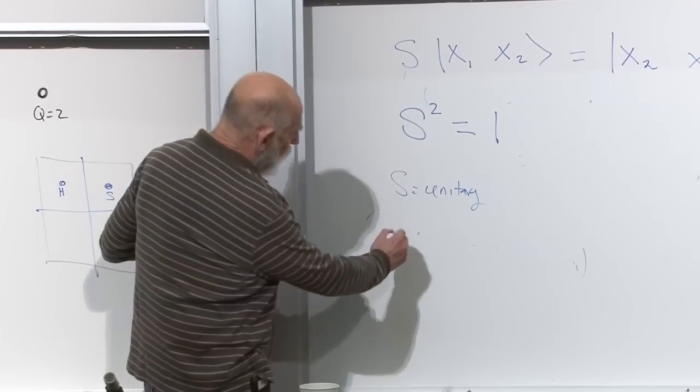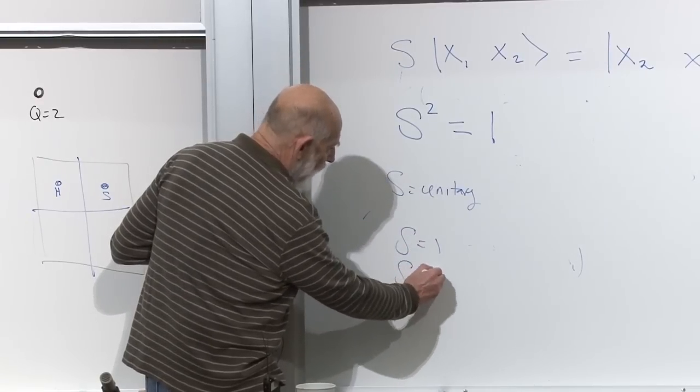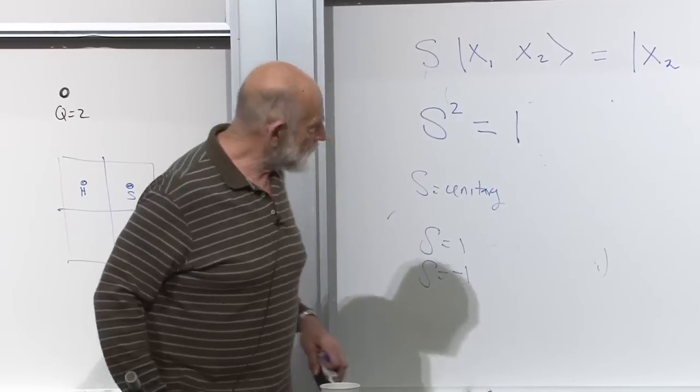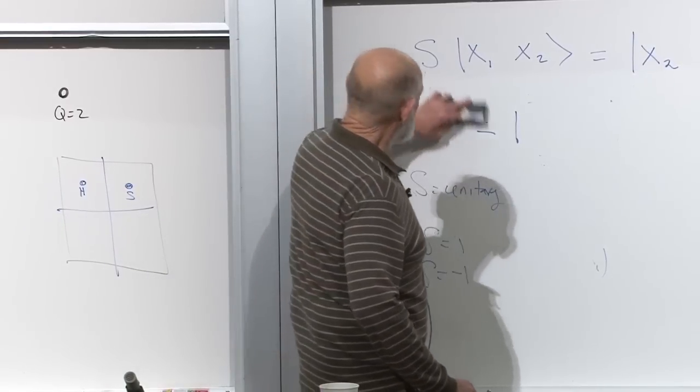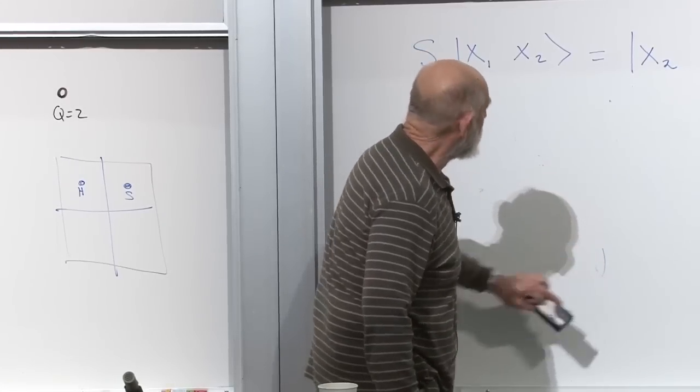That's if S is equal to 1, or comes back to its negative if S is equal to minus 1. See what that means. Let's take the case plus 1.